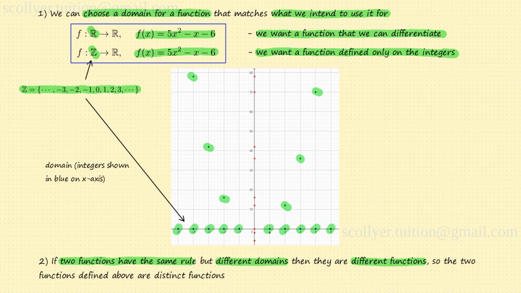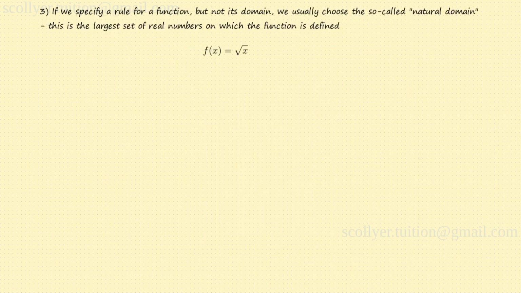The next point is that if we specify a rule for a function, but we say nothing about its domain, such as here where we've specified the function f of x equals the square root of x, then we usually choose what is called the natural domain, which is the largest set of real numbers on which the function is defined.